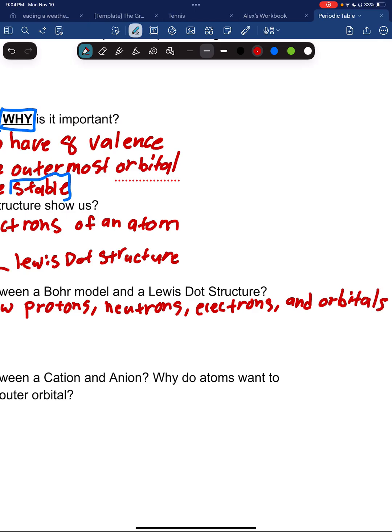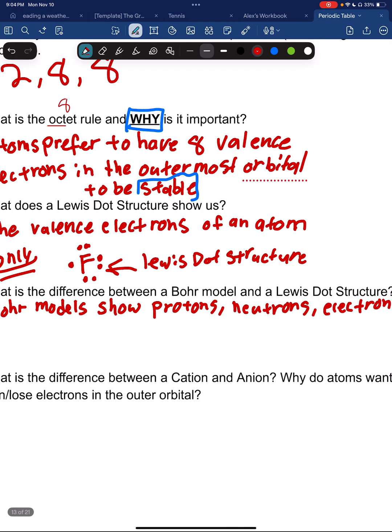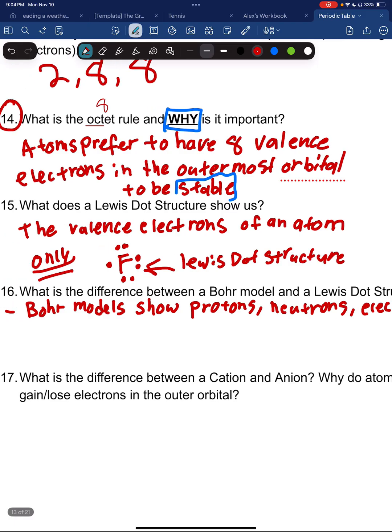Okay, so it's more intricate. There's more stuff that's going on with the Bohr models. It takes a lot more time.